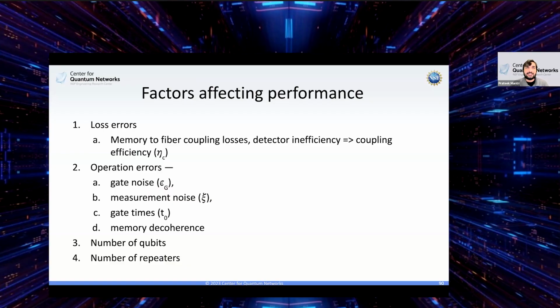So the direct and the indirect coupling methods that Stav mentioned, those take time, and the time it takes might also lead to memory errors or just overall latency in the protocol. So we are also concerned about that. Memory decoherence, all of these come under operation errors. And as I mentioned in the previous slides, the number of qubits and number of repeaters are also factors that affect performance.